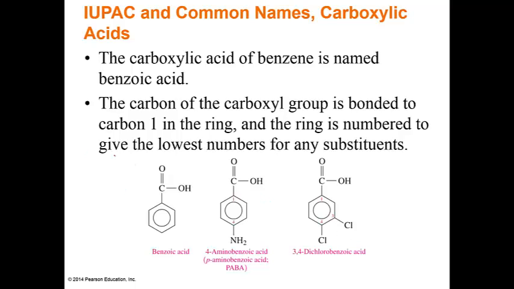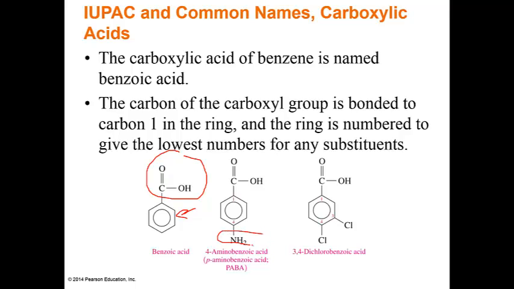So, the carboxylic acid of benzene is named benzoic acid. Well, it's because we've got a carboxyl group on a benzene ring, right? We know these benzene rings, okay? So if we look at this, it's 4-aminobenzoic acid, all right? Well, 4-amino.